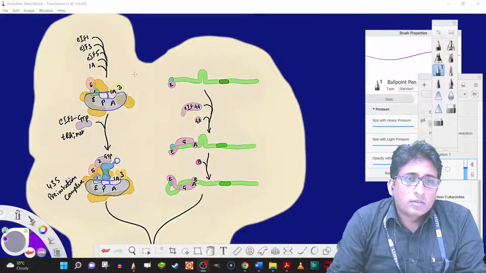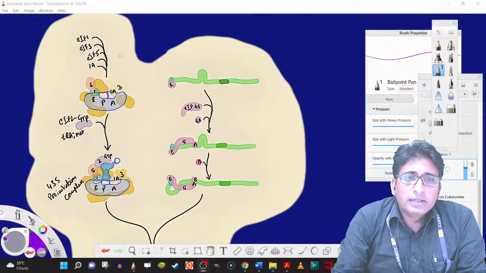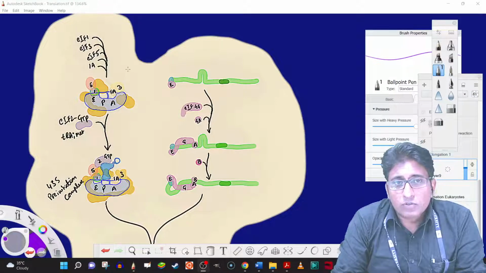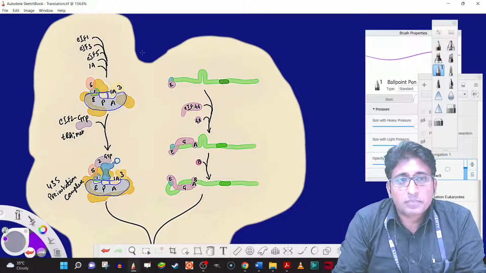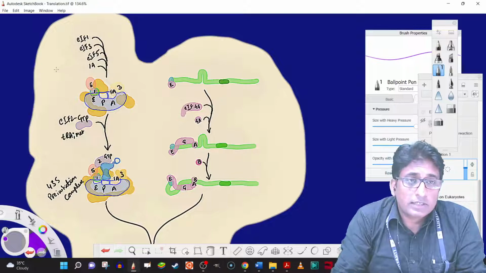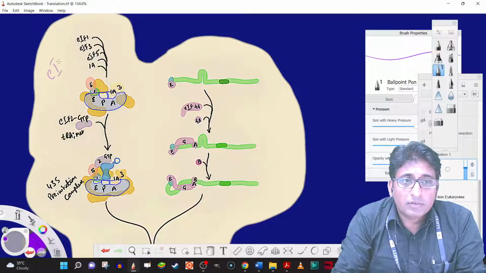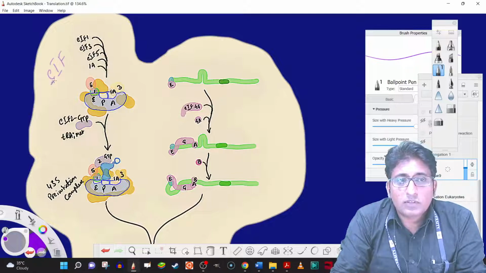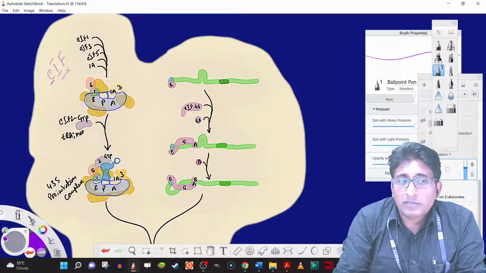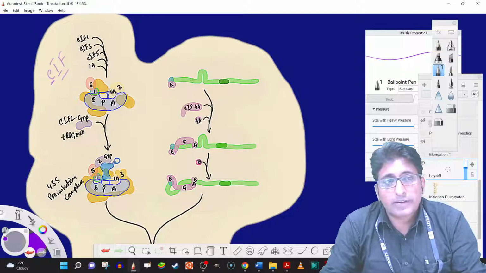So to start off, the initiation factors when it comes to eukaryotes are referred to as the eIFs. E stands for eukaryote, and IF for initiation factors.